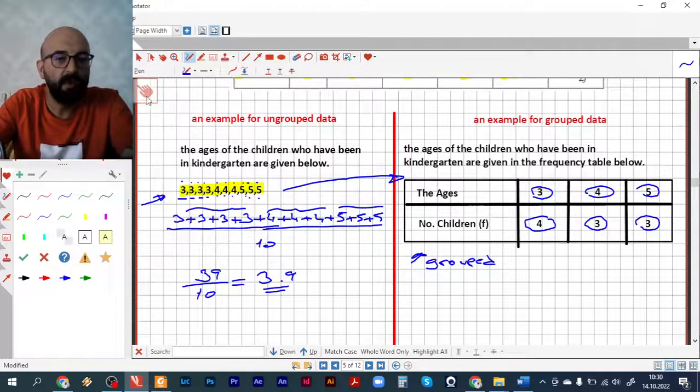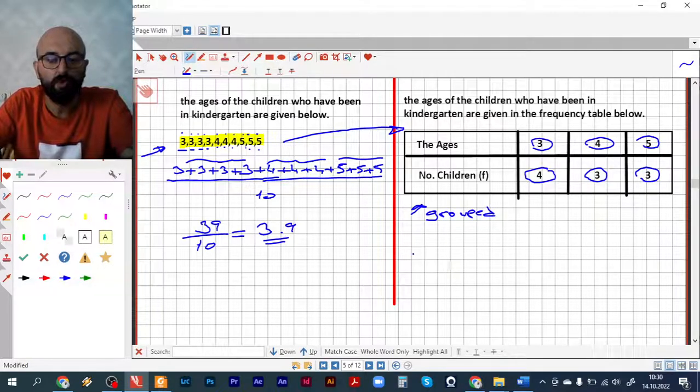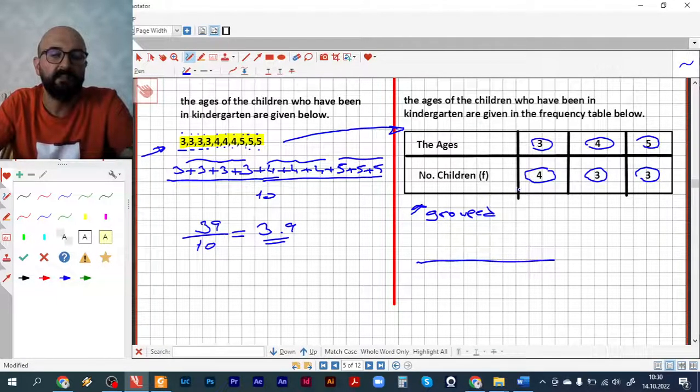If you want to find the mean, you should use this formula, the same thing. Firstly, we should find the sum of values.